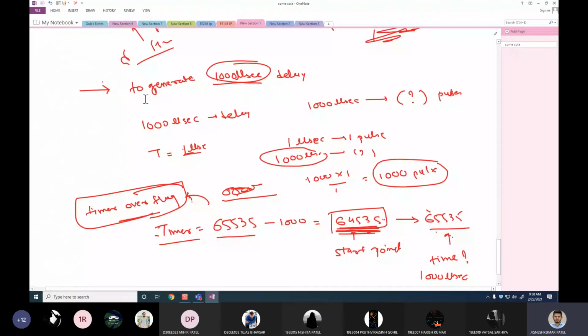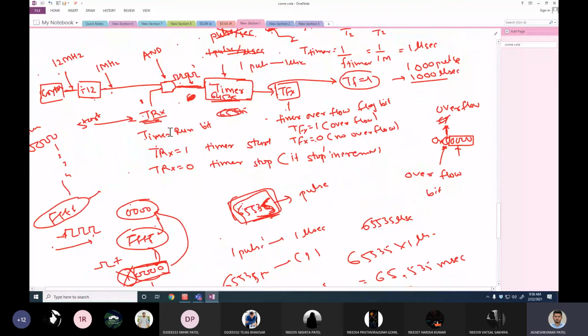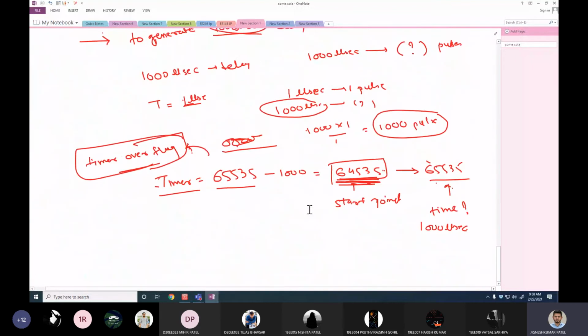What we want is to generate a 1000 microsecond delay, and we have generated it. What is the moment of the 1000 microsecond delay? Starting from this point, when you write TR X equal to 1, when you set the timer run bit, you can set and reset it by writing it this way. From the time you set the timer run bit to 1 up to the timer overflow flag being set to 1, who is going to do that?